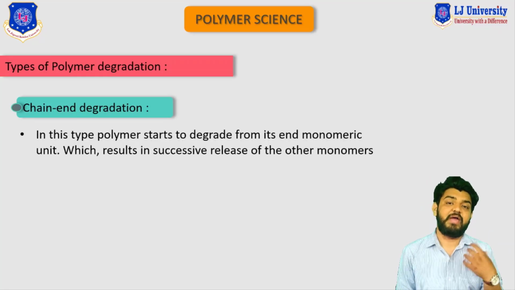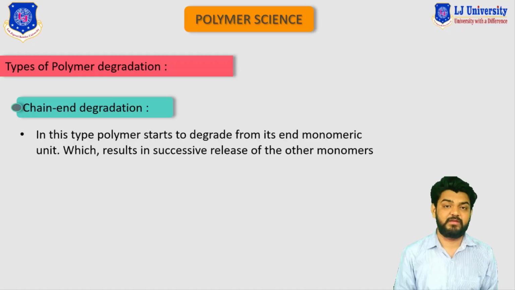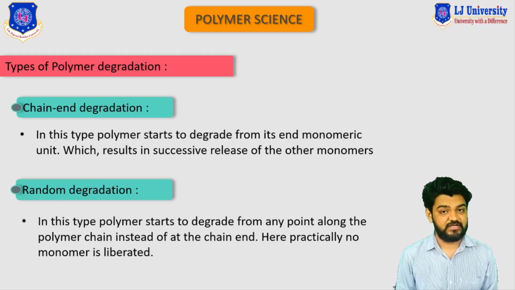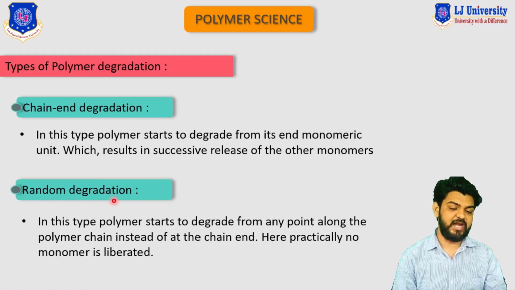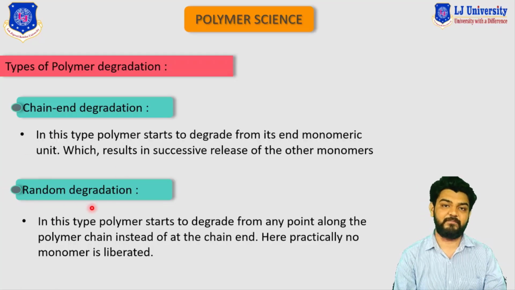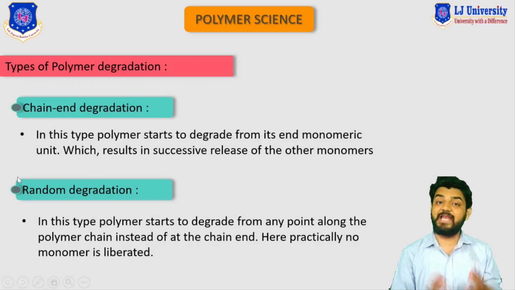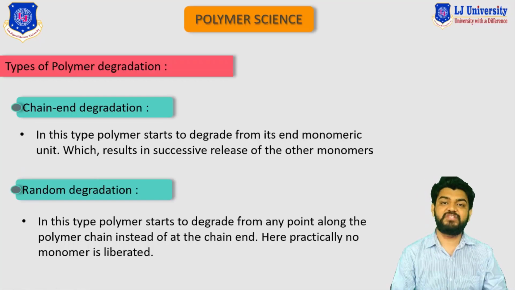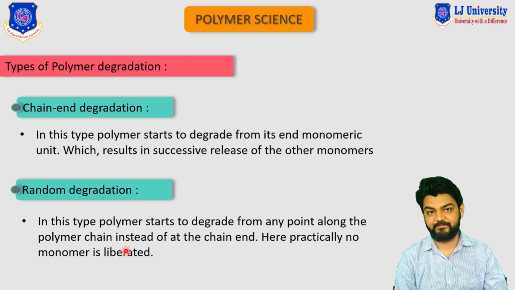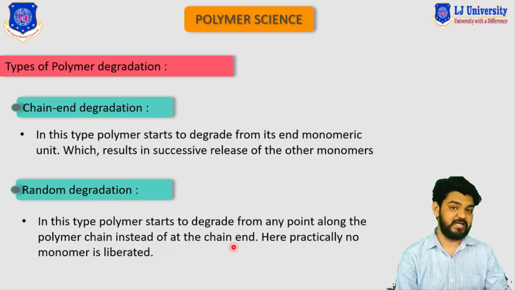Now, let me introduce the second type of degradation, and that is random degradation. You can make out from the name that this degradation is random, so it can take place anywhere in the long chain. As you can see here on the screen, in this type the polymer starts to degrade from any point along the polymer chain instead of the chain end.